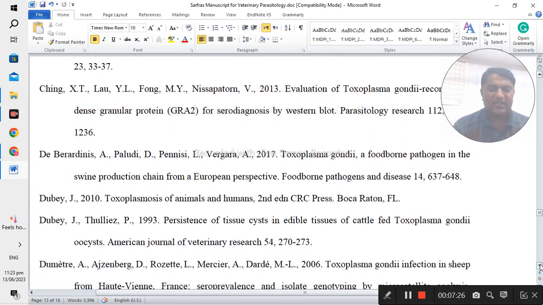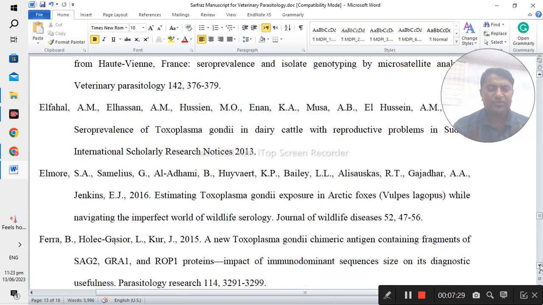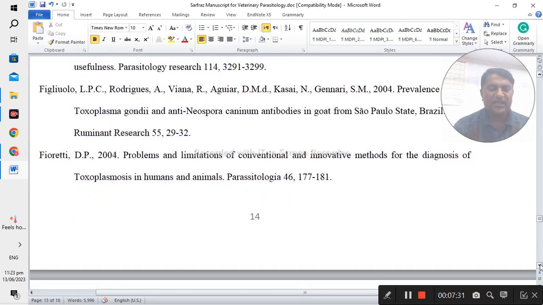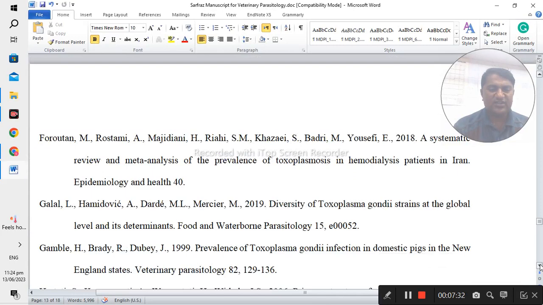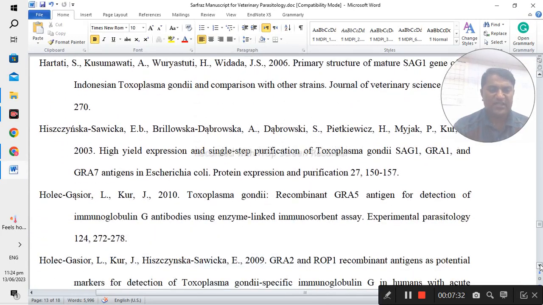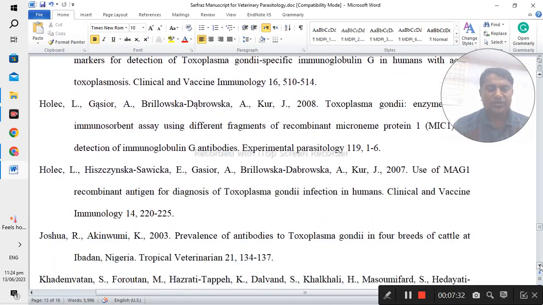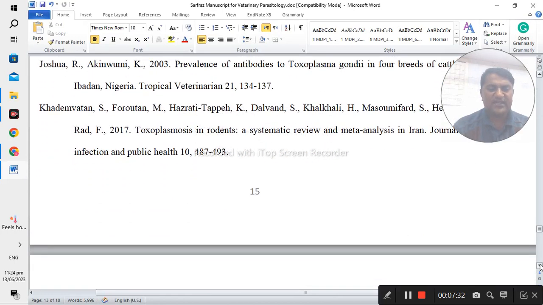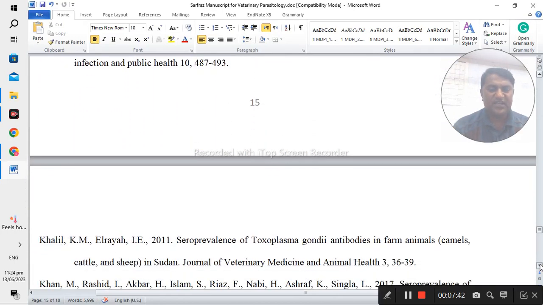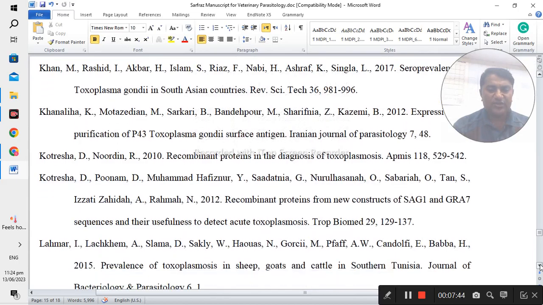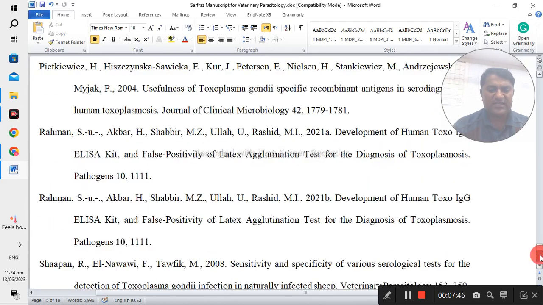These references are according to the format of the journal in which you have decided to submit the research article. So this is all about the original research article.